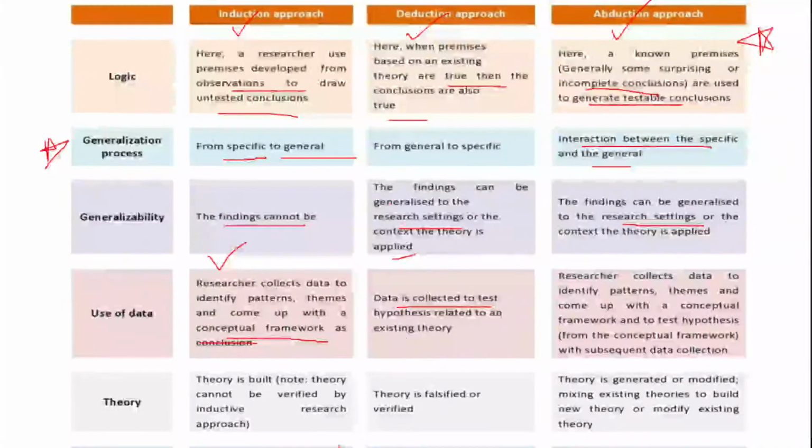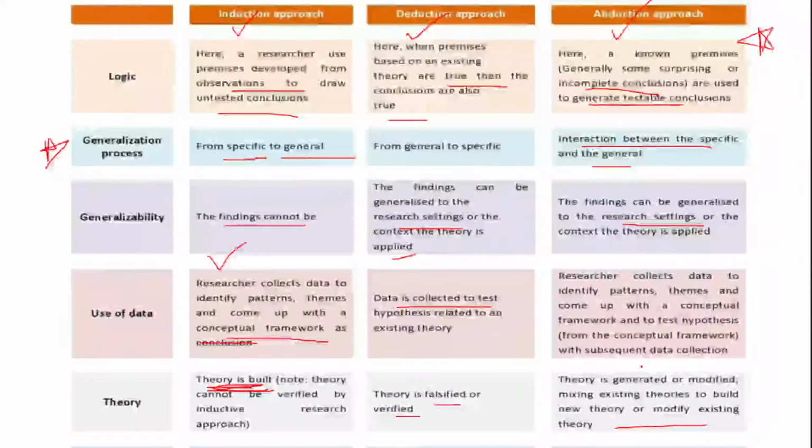Now, coming to the theory part. In induction, we build the theory. Here you have to note that theory cannot be verified; it is only built, the theory comes up. Whereas in deductive, the theory is either verified or falsified. And in the abduction approach, it can be modified or generated based on the existing theories.